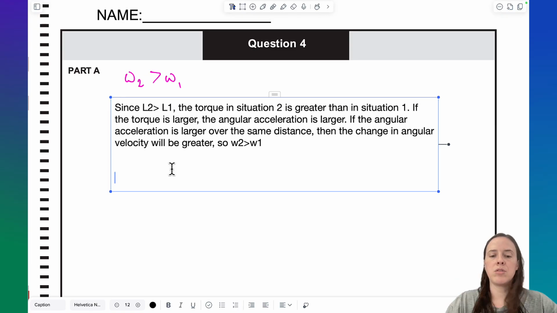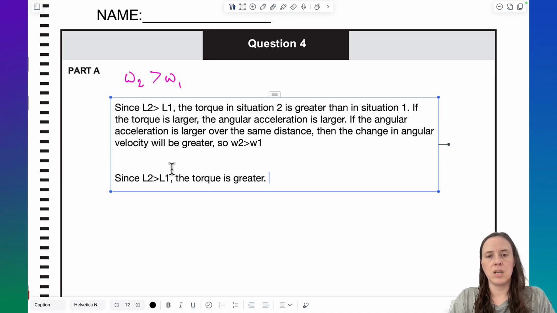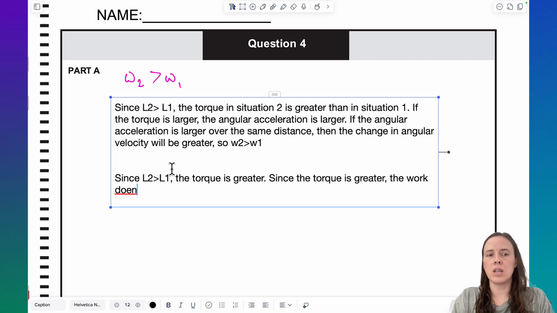You could also come at it from an energy perspective. Again, since L2 is greater than L1, the torque is greater. Since the torque is greater, the work done over the same angular displacement is greater.